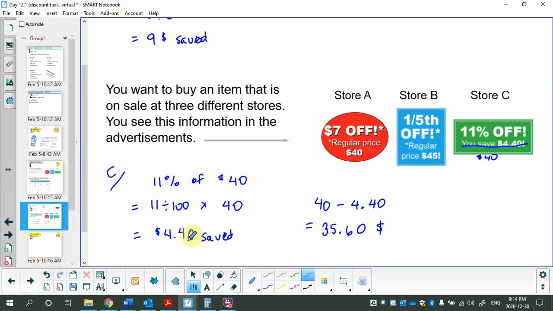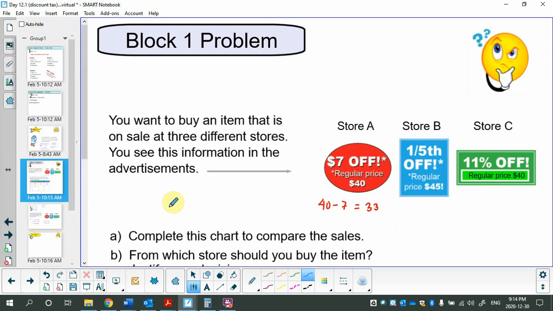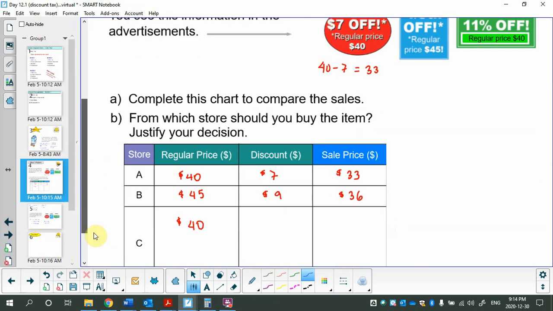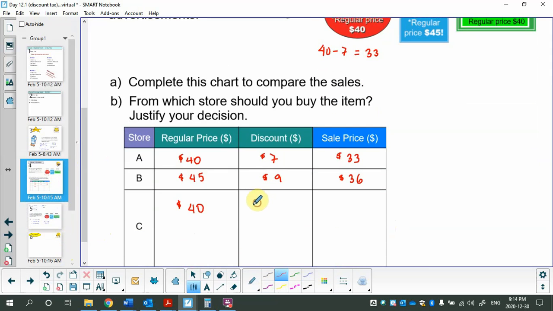So $4.40 and 35.6, with the 0 on the end.